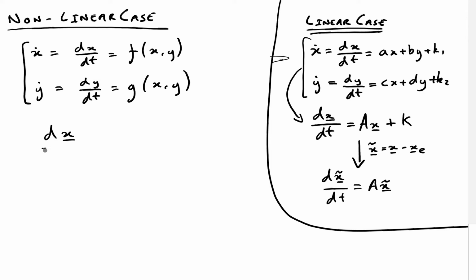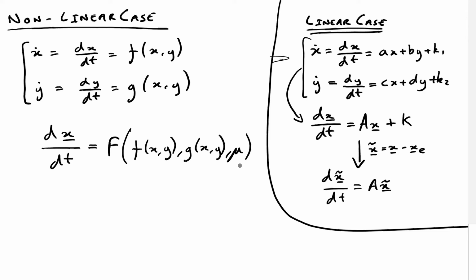So we've got dx by dt, and that's going to be equal to, now we've got to be a little bit more careful, because we now have these two functions. We're going to end up with a big function, or a matrix, that corresponds to these two functions, f and g, and then a constant vector which comes along for the ride.